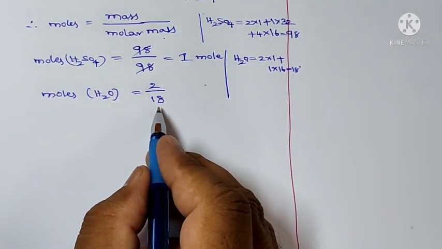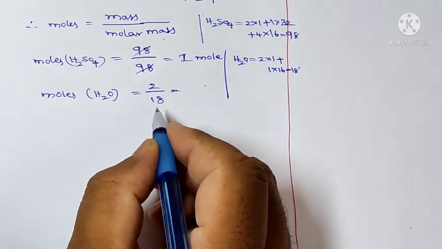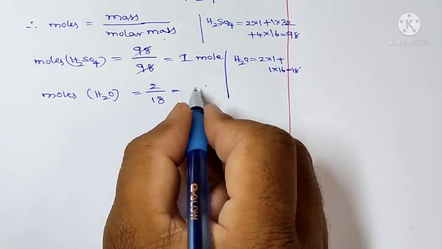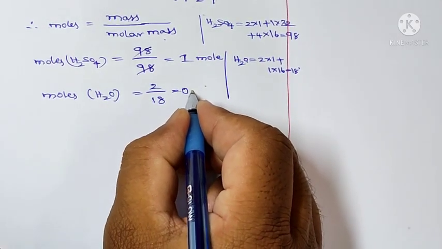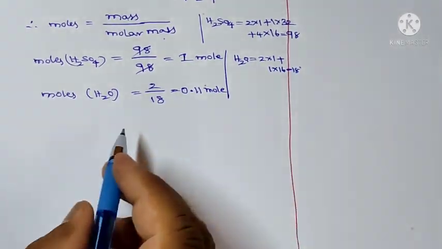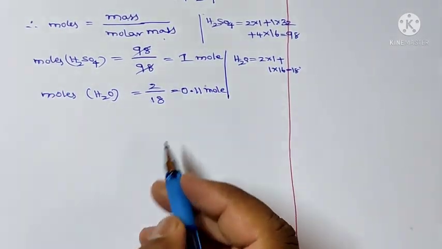So 2 divided by 18 grams per mole, if you do this calculation, we get 0.11 moles. The water moles is 0.11.